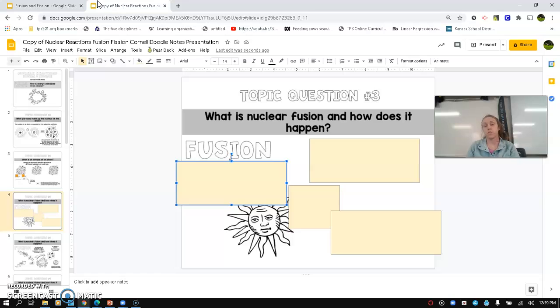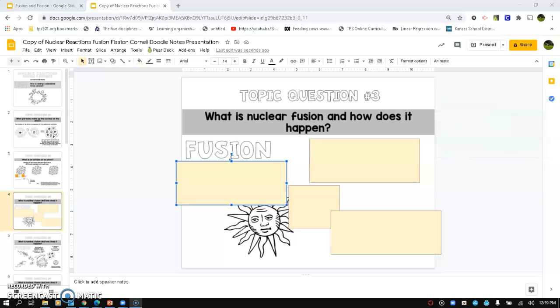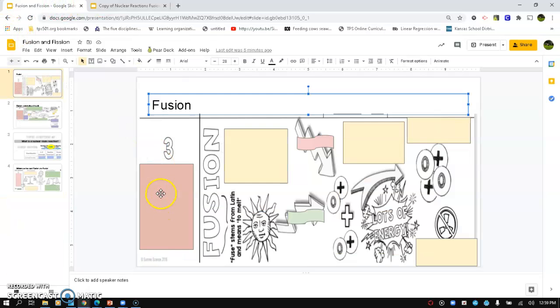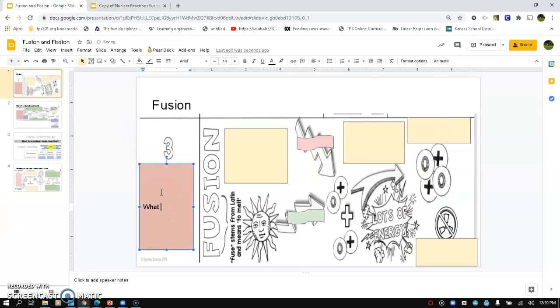The topic question is, what is nuclear fission and how does it happen? So that will go right here. Not fission, fusion.